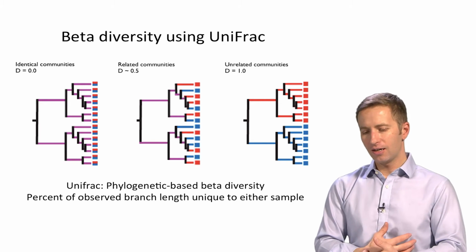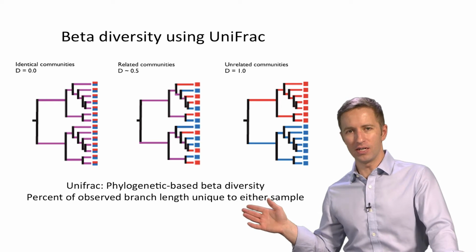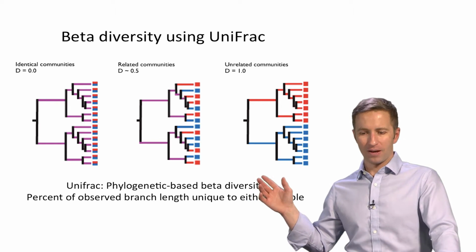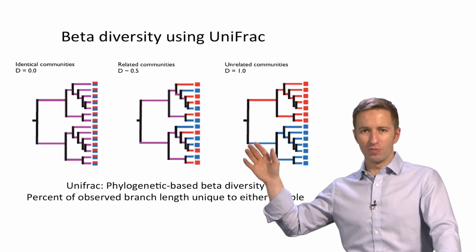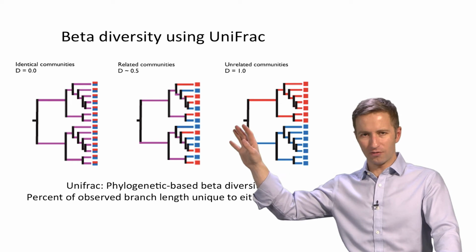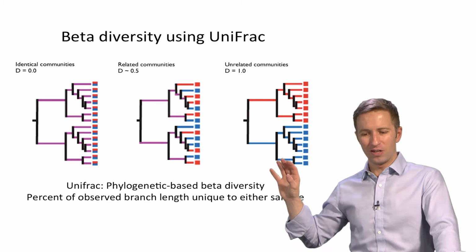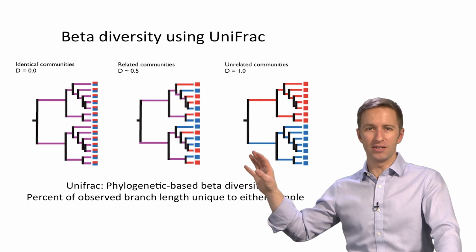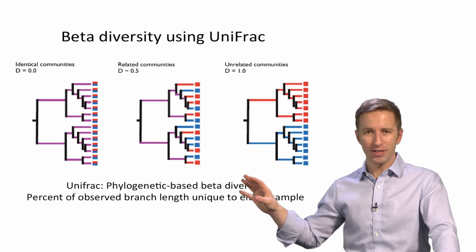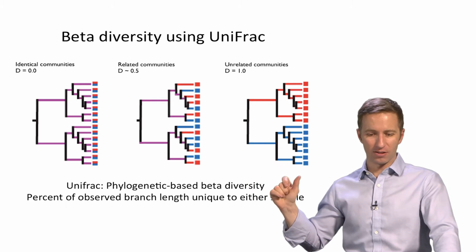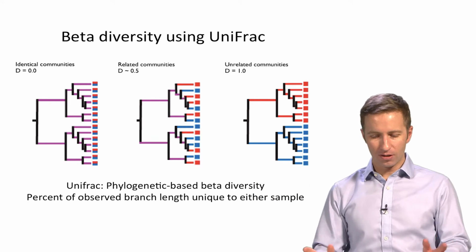Then finally, we have totally unrelated communities. So this is where the bugs in the red community are completely unrelated from a completely different lineage from all of the bugs in the blue community. So the whole evolutionary tree is unique to one sample or the other, and they would have a UniFrac distance of 1. So this is UniFrac.